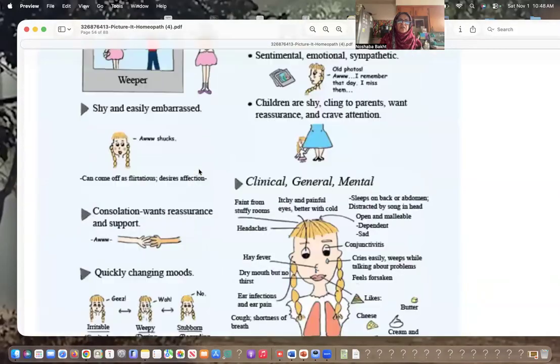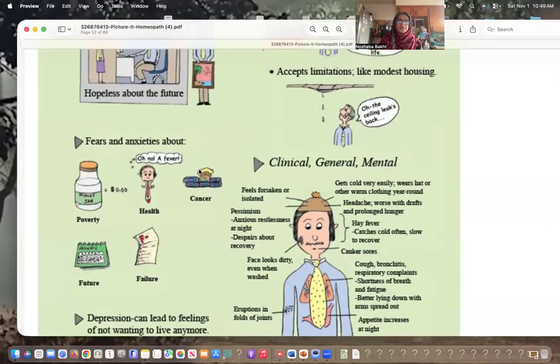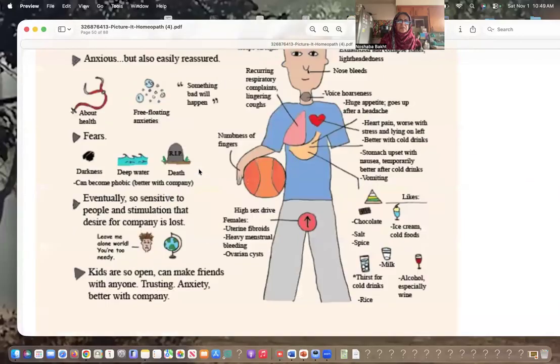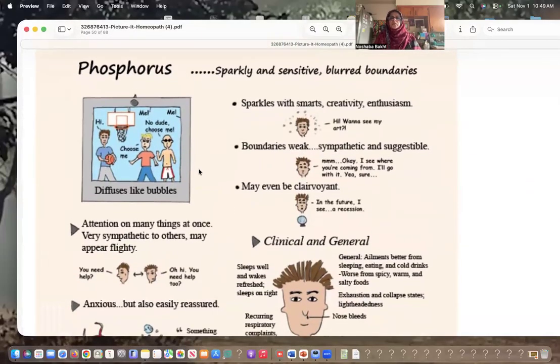And then I don't know if I have Phosphorus. There, Phosphorus. Phosphorus people are clairvoyant and attention seeking, and they're very sympathetic to others.